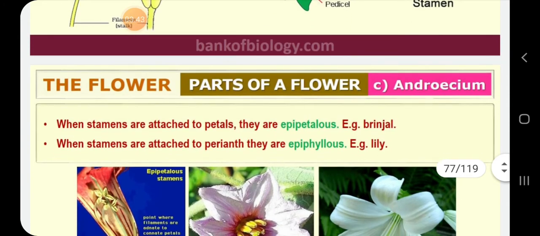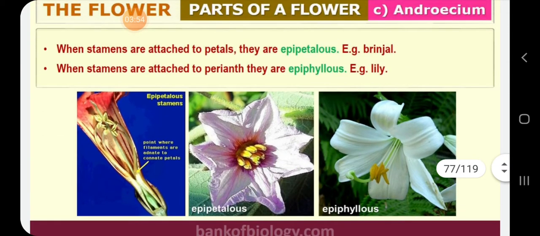If stamens are attached to petals, they are called epipetalous. That means the stamens are attached at the bottom of the petals, for example brinjal. If the stamens are attached to the perianth, they are called epiphyllous, for example lily.